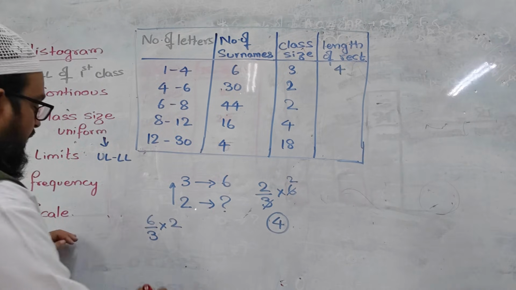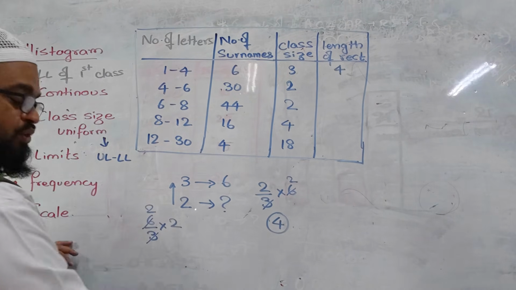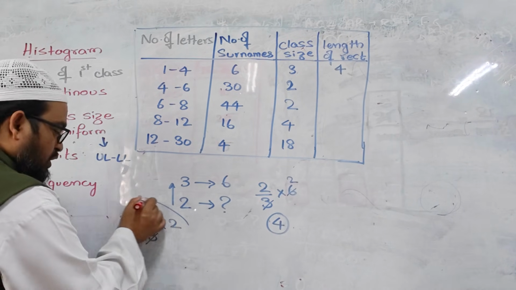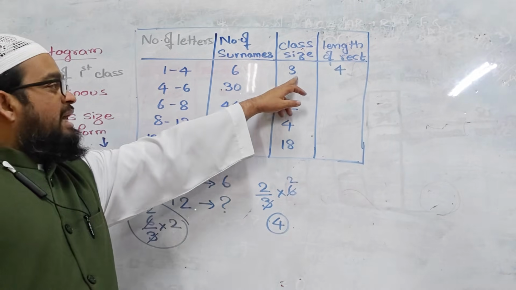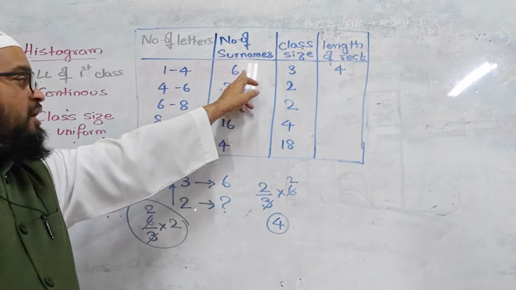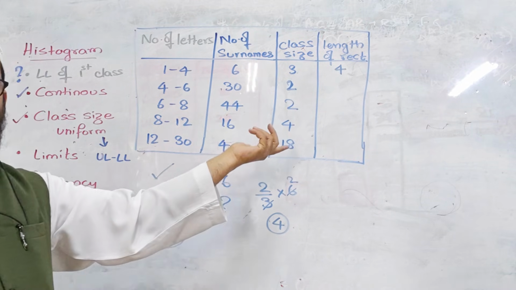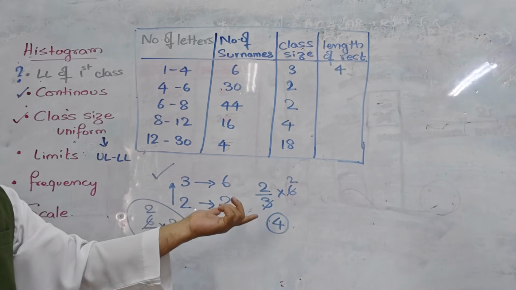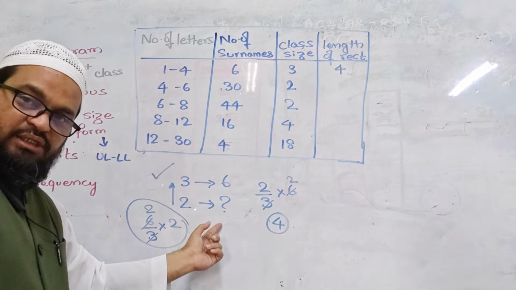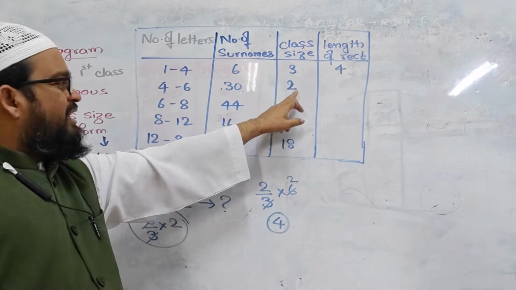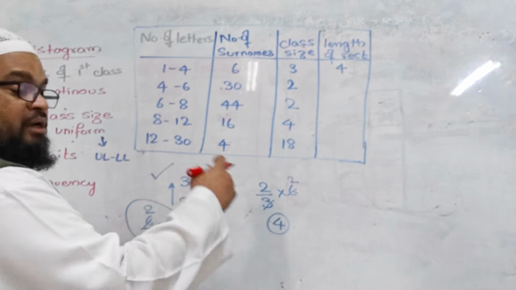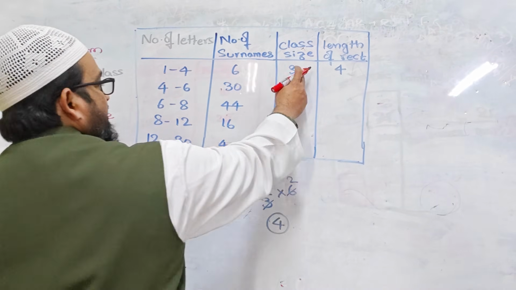So 3 twos are 6 and 2 twos are 4. The concept is this: for class size 3 the frequency is 6; for class size 2 what will be the length of the rectangle? If you don't remember, 6 divided by 3 into 2.